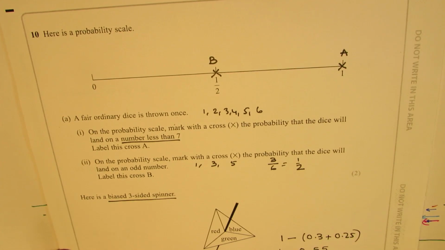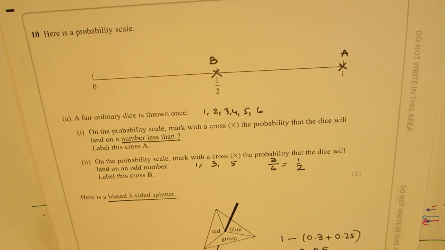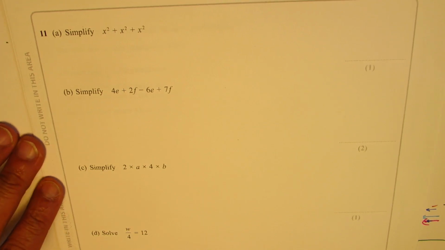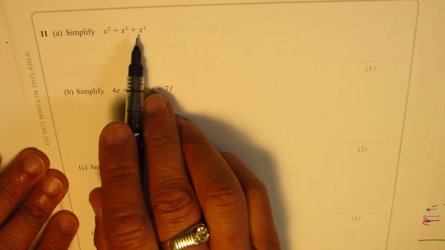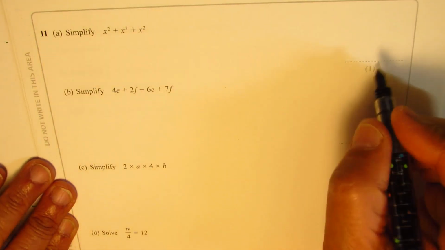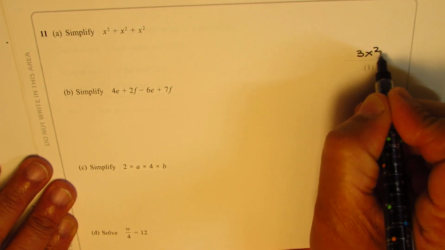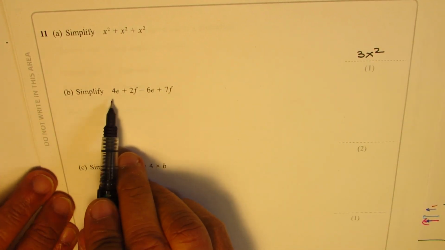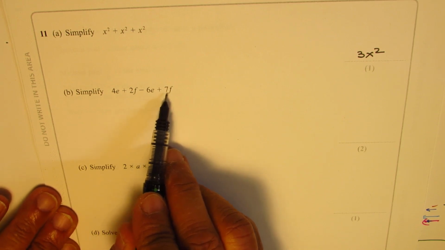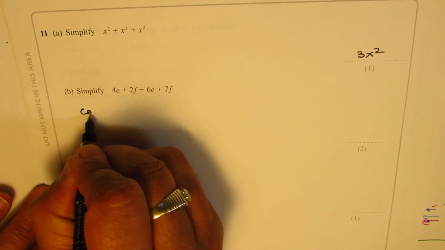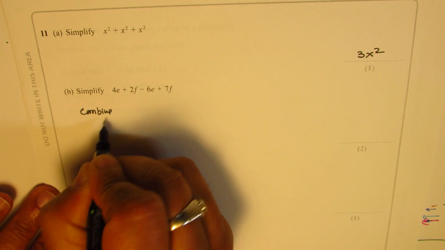Okay, so let's take up now question number 11. Now this is simplification. Simplify x squared plus x squared plus x squared. There are 3 x squares, it is 3x squared, correct? Next is simplify 4e plus 2f minus 6e plus 7f. We have to combine like terms, correct?